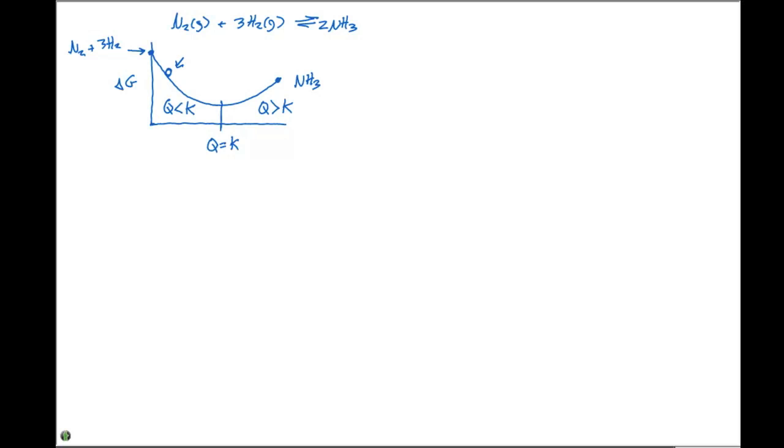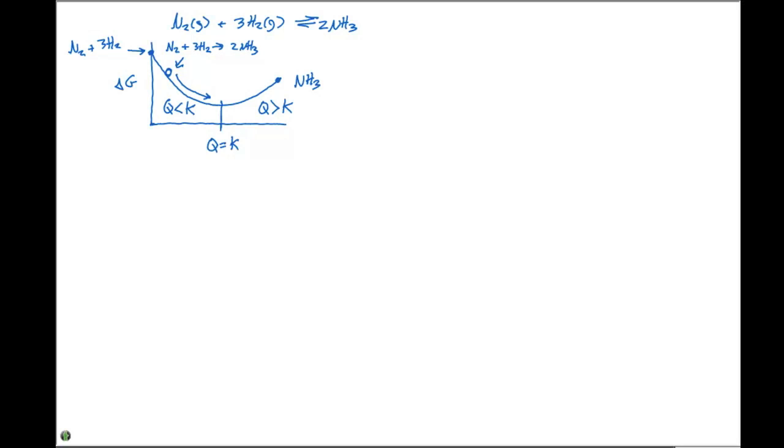That means that in order to reach equilibrium, we're going to have to proceed forward. So the spontaneous process in here is nitrogen plus 3 hydrogens, giving us 2 ammonias.